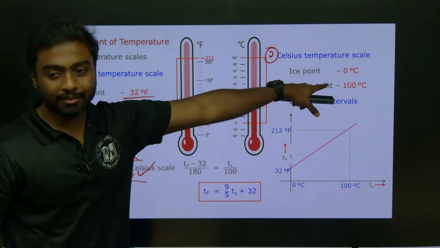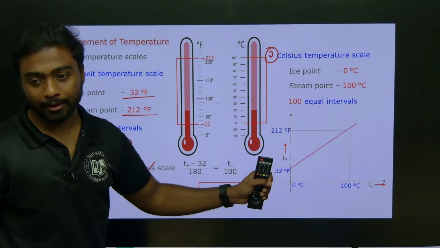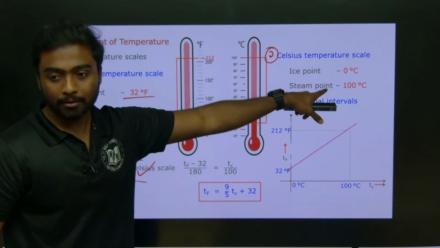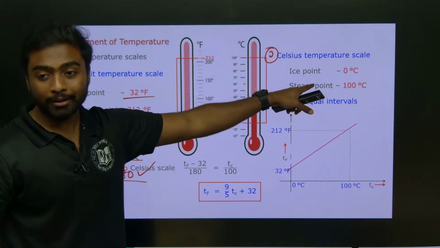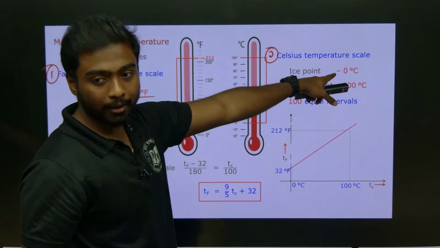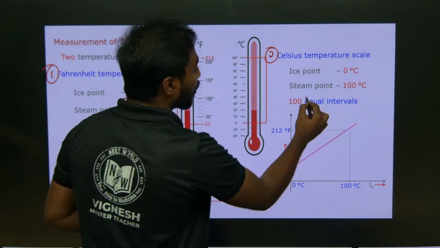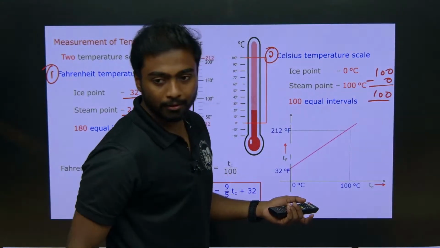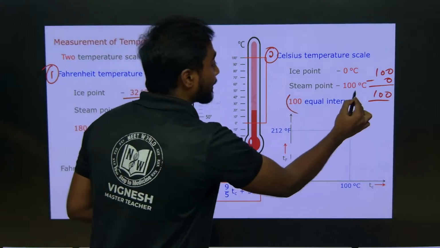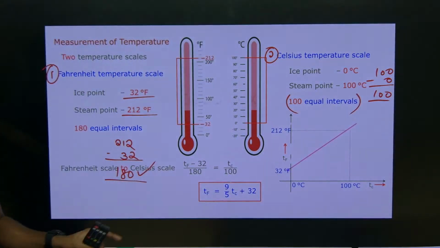In the Celsius scale, 100 degrees is the upper fixed point, the boiling point or steam point, and the ice point is 0 degrees. So 100 minus 0 gives 100 equal intervals, got it?